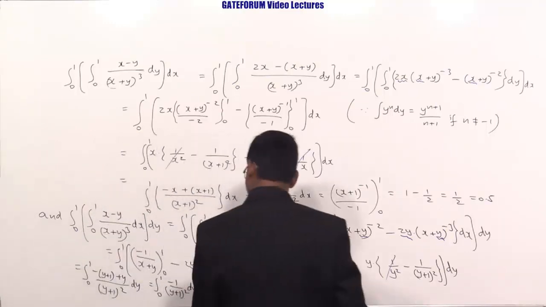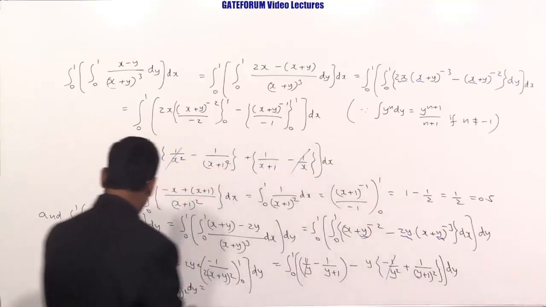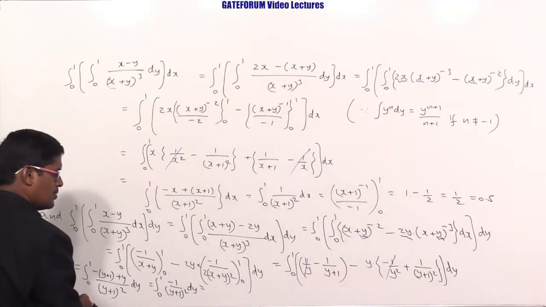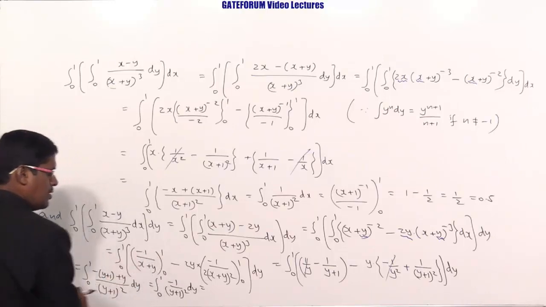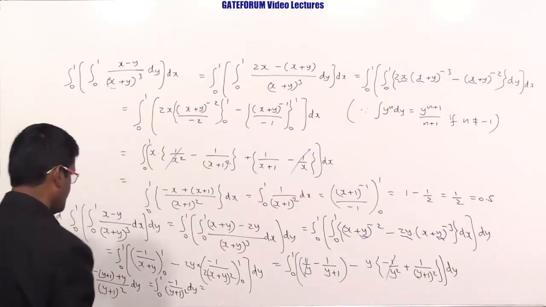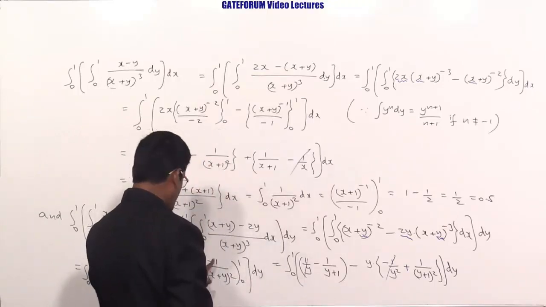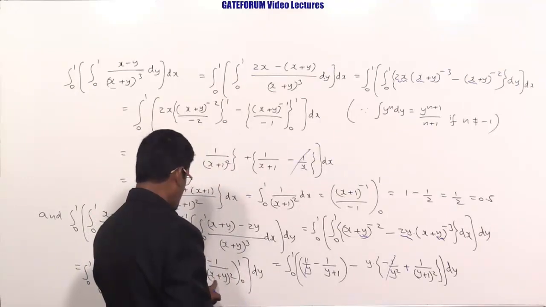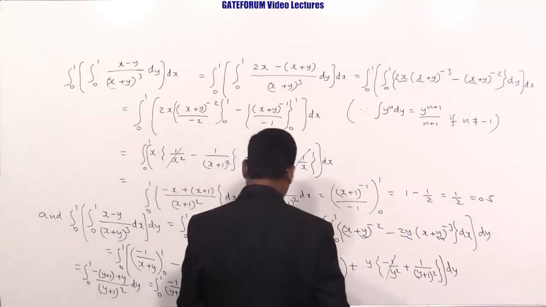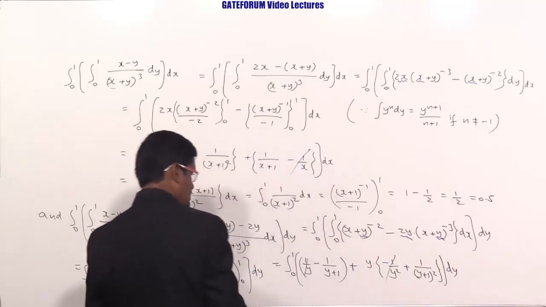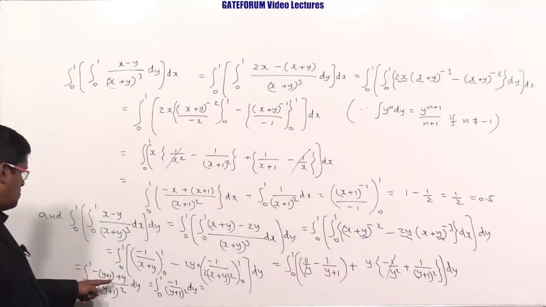This is minus and this is plus, so finally here minus 1 by y plus 1 plus 1 by y, minus into minus plus y into 1 by (y plus 1) whole square. So this is better, you write plus, and now the 2 are cancelled, so minus (y plus 1) plus y.